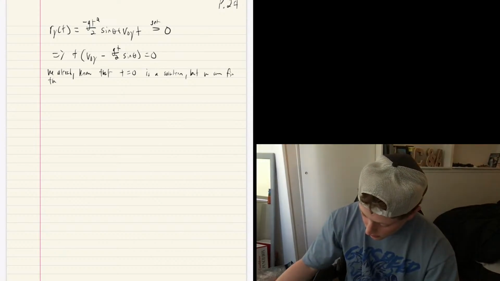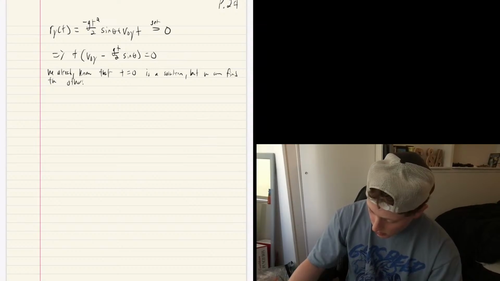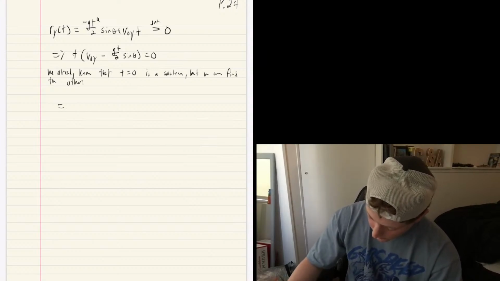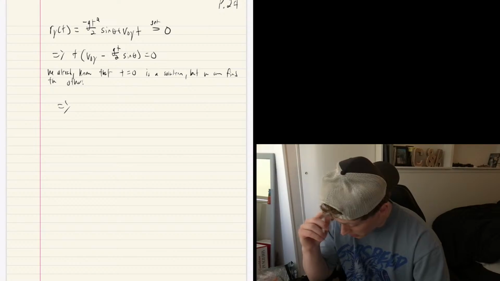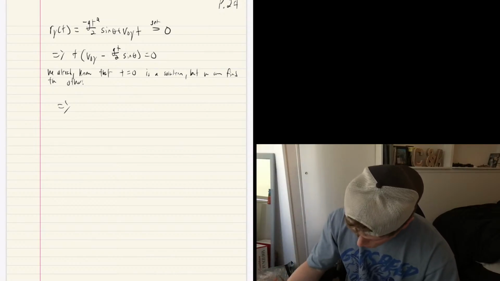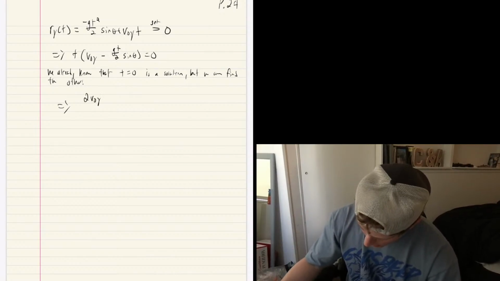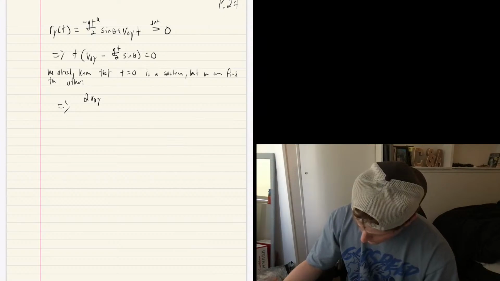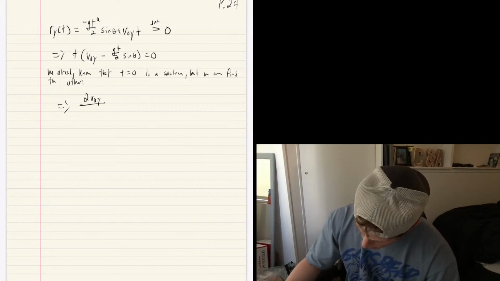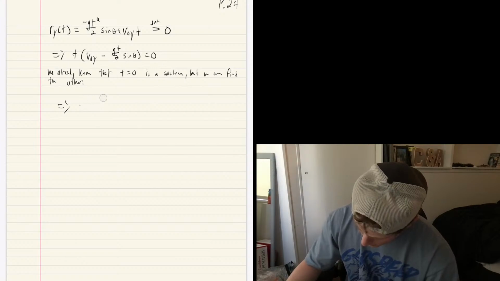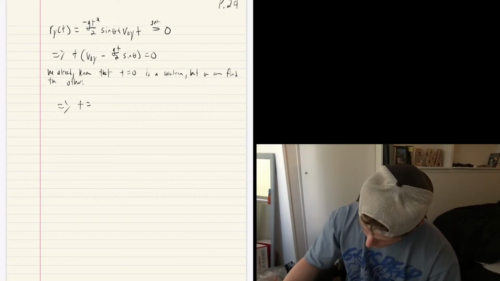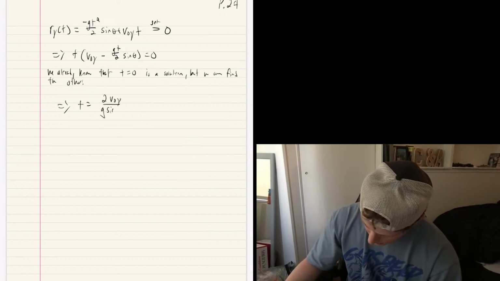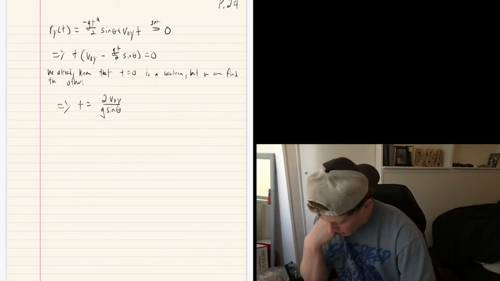So, solving for this in my head, t should equal 2 v0y over g sine theta. Did I do that right? I think so.